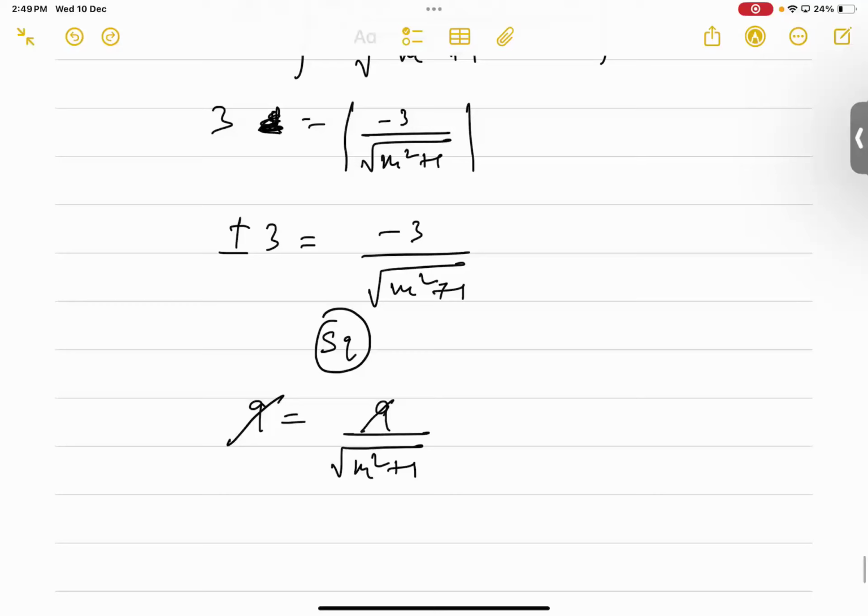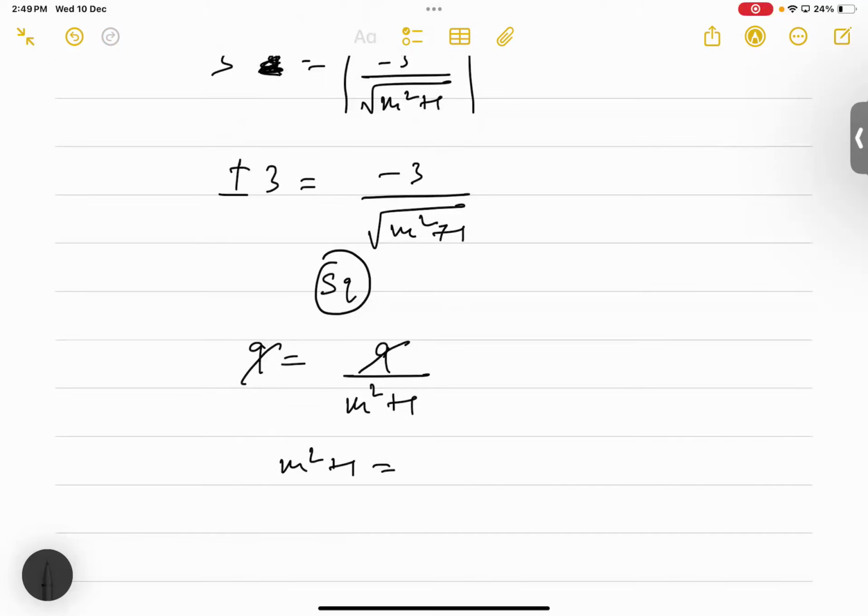This is m square plus 1, so this and this is gone. So m square plus 1 is equal to what? 1, because cancellation is happening in terms of division. M square is equal to 0. M is equal to 0.